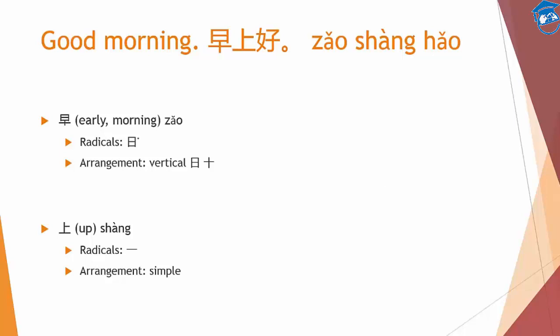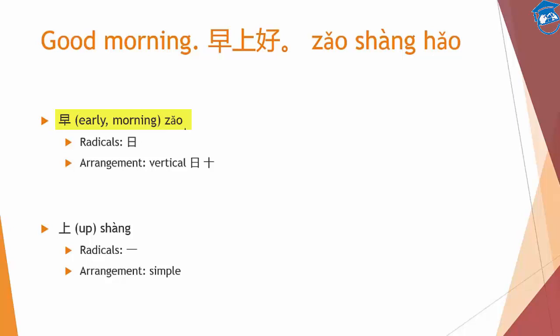So there are two new words here. 早上. Okay? So 早 means early or morning, which means that when you are saying somebody is early, you can use this word here.